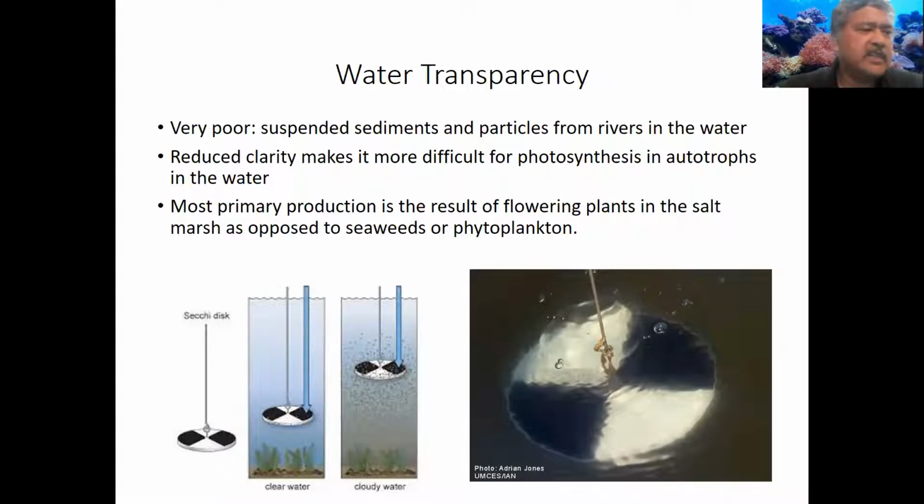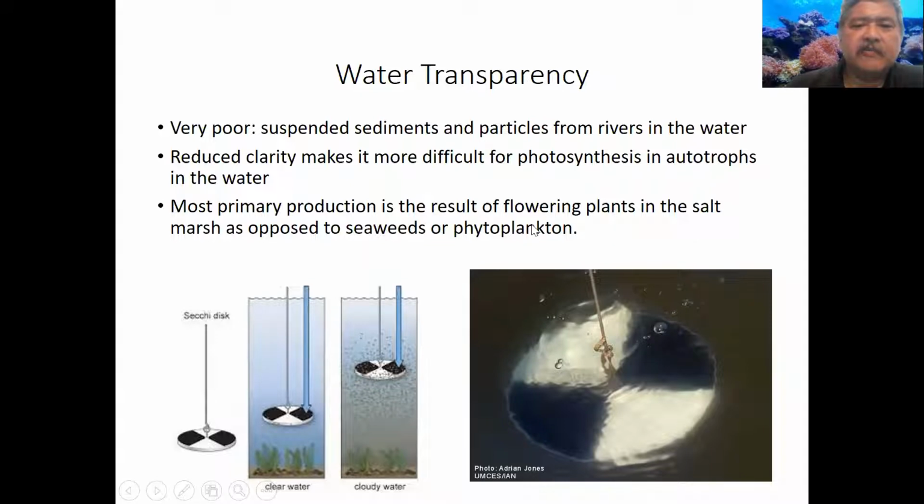Speaking of productivity, the third bullet says most primary production is the result of flowering plants in the salt marsh as opposed to seaweeds or phytoplankton, and I guess that's what I was getting to. I mentioned phytoplankton, but I didn't mention the seaweeds. You're going to see that in the kelp forest talk.